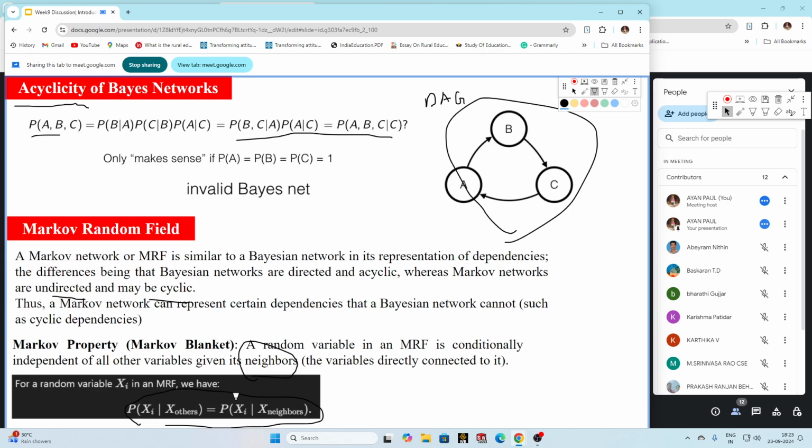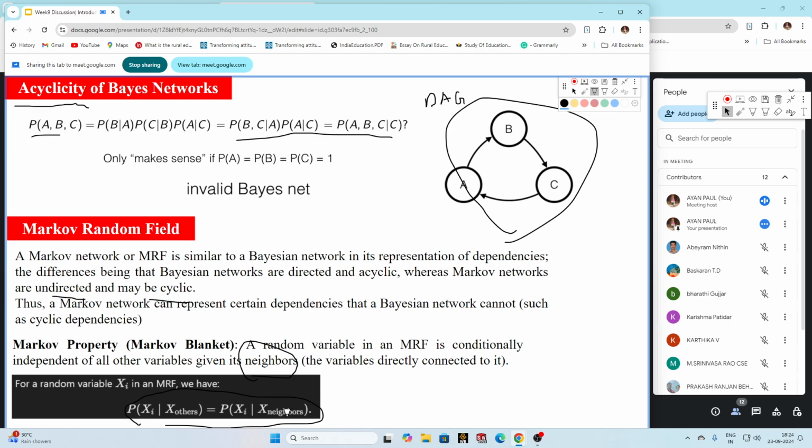For the Bayesian network, what we have discussed is that the probability of the system equals the probability of each xi given its parents. That is a property of the Bayesian network. But this is the property of the random field, because here our node is directly dependent on its neighbors.